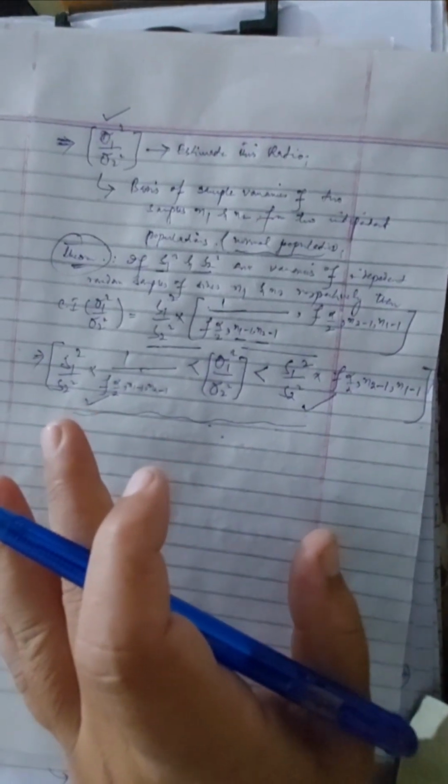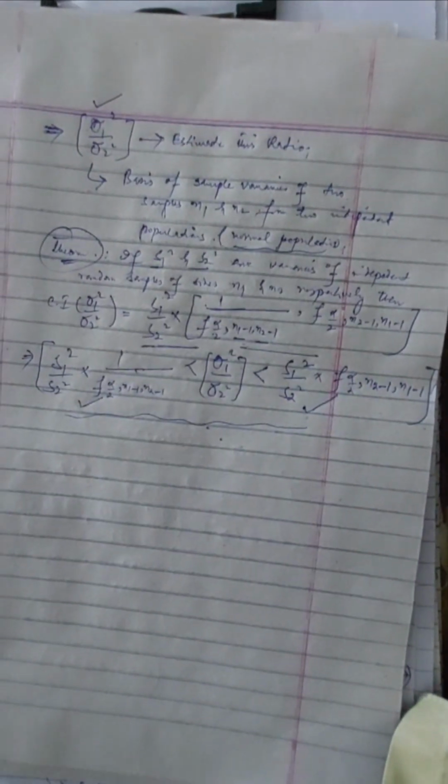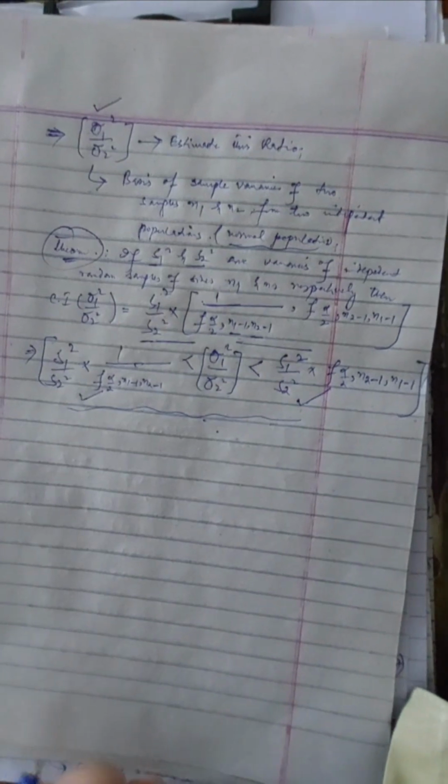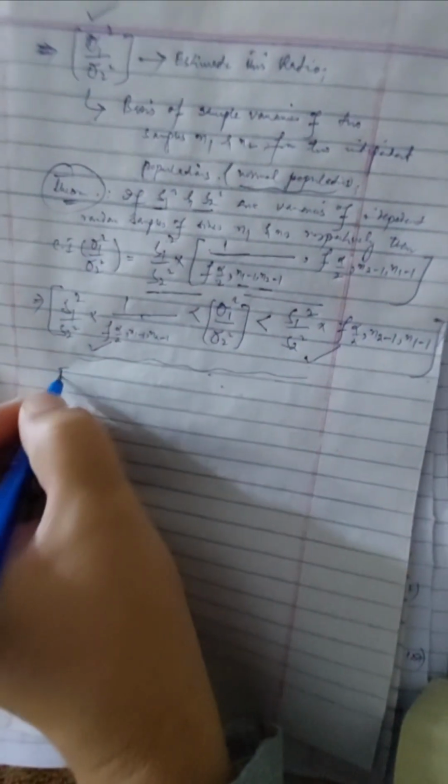So let's do a question or two on this and find out how we can actually implement this in real life using some examples. So let's do example 1 on this.